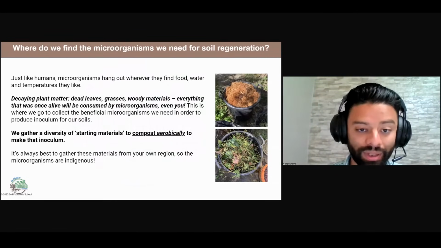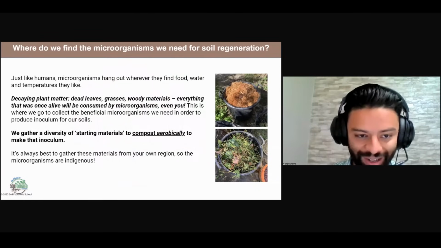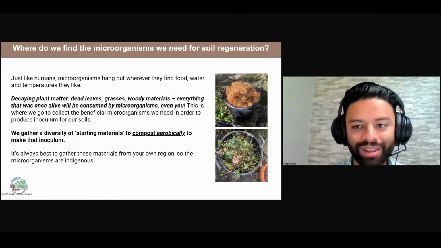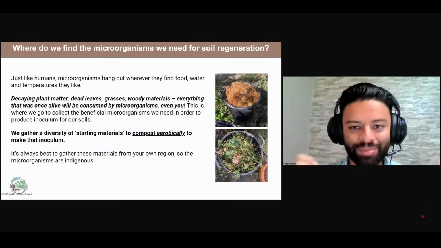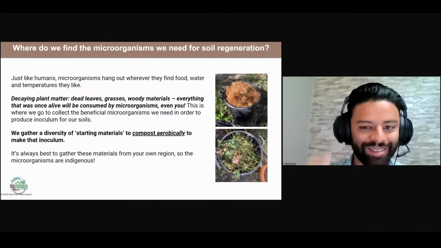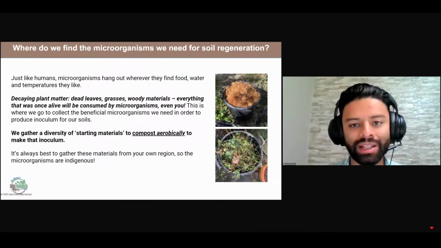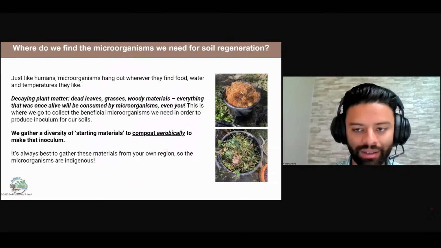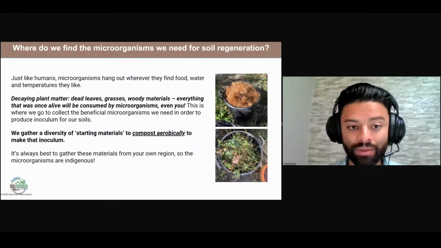So very important. These are the sources, but we need to make sure that we take care of those guys. Actually, we see compost as a living process, not just processing waste to make it turn into a nice color and be able to use it for something else. No, it's not that. It's cultivating the microorganisms and facilitating the conditions for them to thrive.